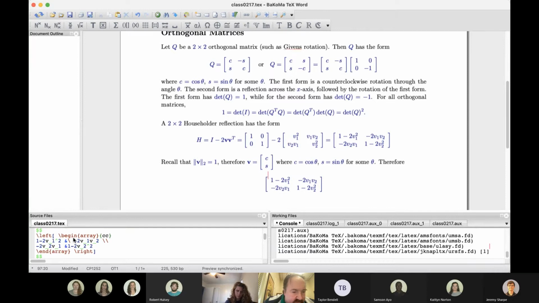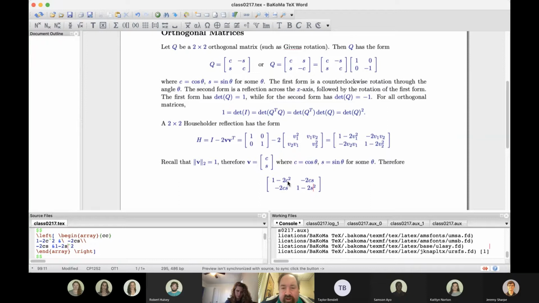Okay. So v1, that's the cosine squared. Here we have cosine and sine. Here again we have cosine and sine. And here I have sine squared.